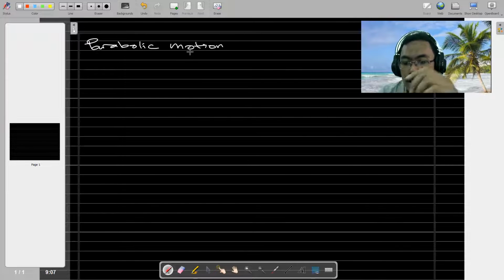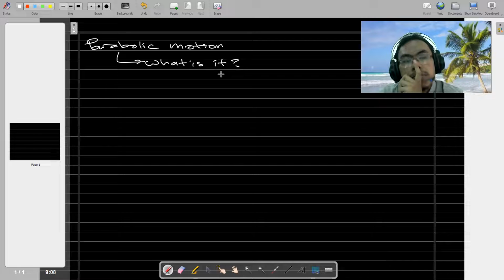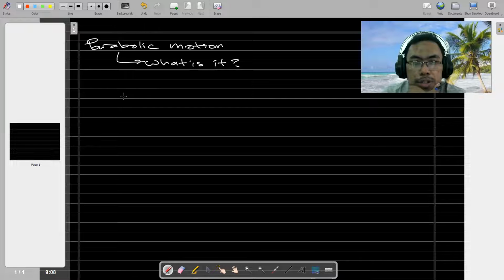We have straight motion, and we also have another kind of motion called parabolic motion. So what is parabolic motion? As for the definition, it's hard for me to tell you, but parabolic motion is motion like this.